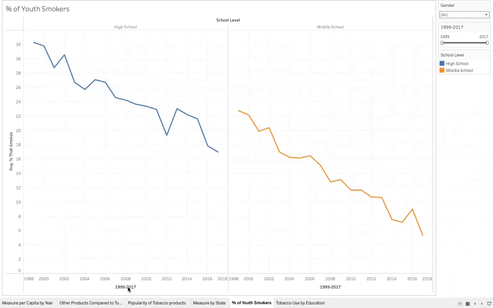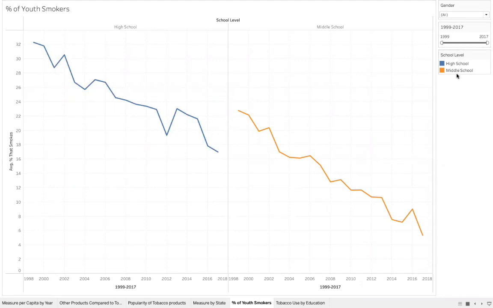To make the graph more understandable, we have included filters, which are over here. The school levels are distinguished by the different colors. So here we have the blue for high school and this orange color for middle school.